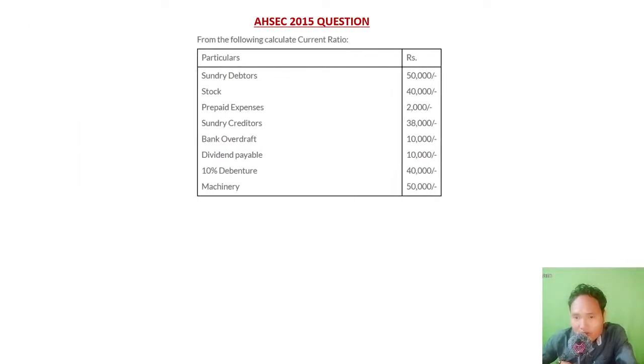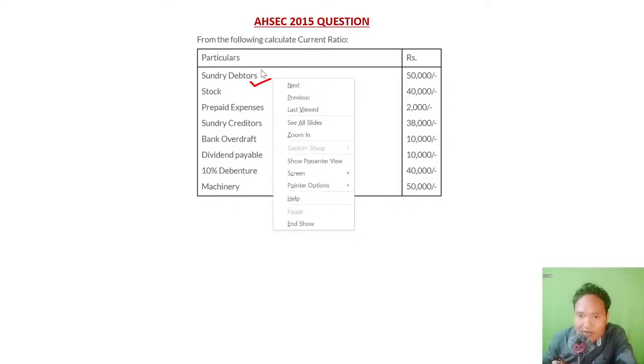Okay, this question was asked in the year 2015. From the following, calculate current ratio. First we have here sundry debtors. As I have already given the items which are included in the current assets, so sundry debtors is a current asset.